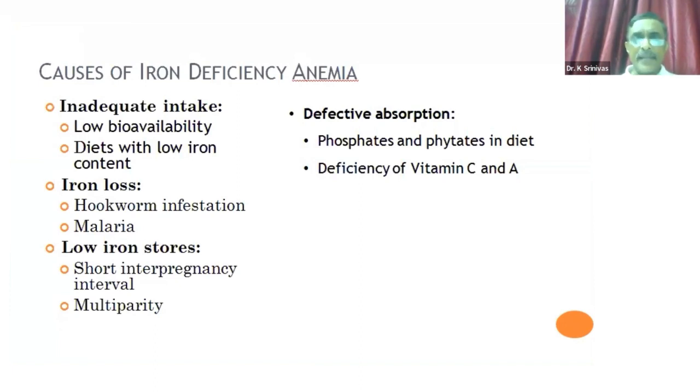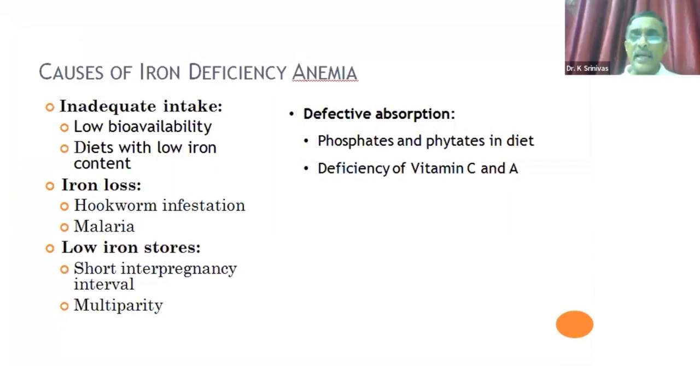Non-pregnant women and men probably require about 1 to 1.5 milligrams of iron per day per kg, and this is going to be provided by the intake of the diet that routinely is done by everyone. Whereas in pregnancy, the requirement is more.